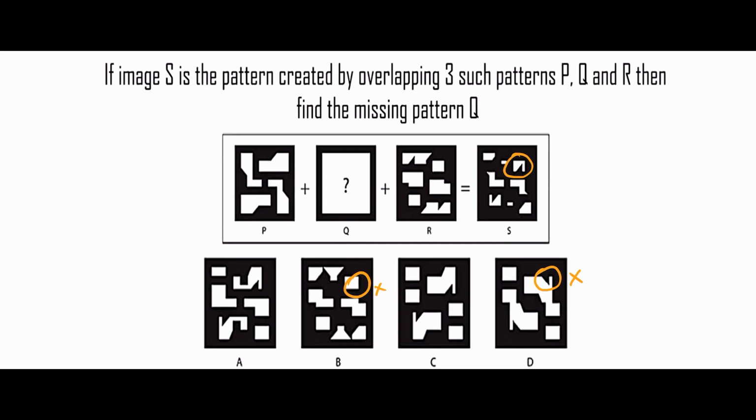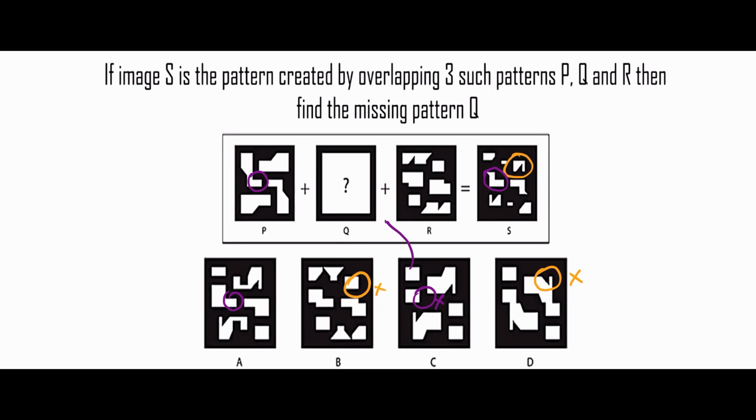If you observe the final image again, you can see an L shape in the final image, which is being marked by a violet color, and that shape can also be seen in P. So to maintain that L shape, the image that is to be placed in Q should not block that L shape.